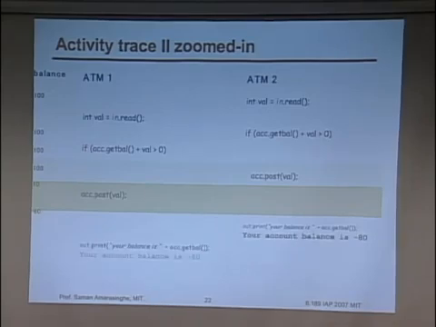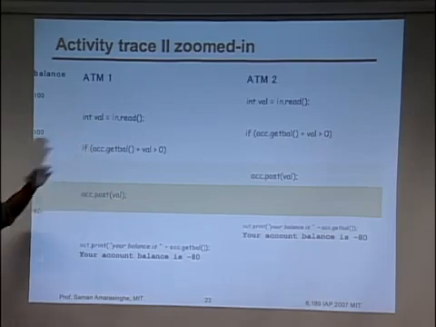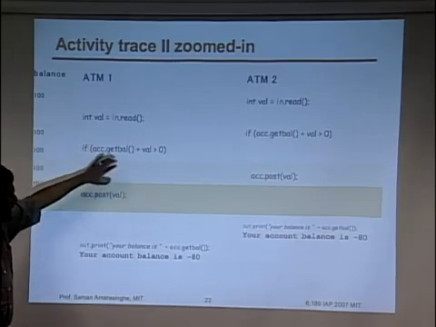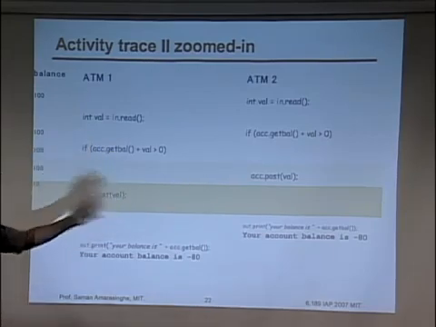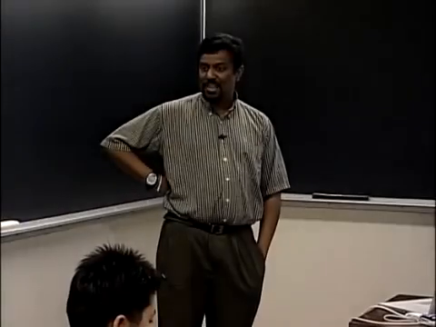Because of synchronized, these things can't overlap, because this has to happen in some order. Either this happens first and this has to finish before this goes. Are we happy?